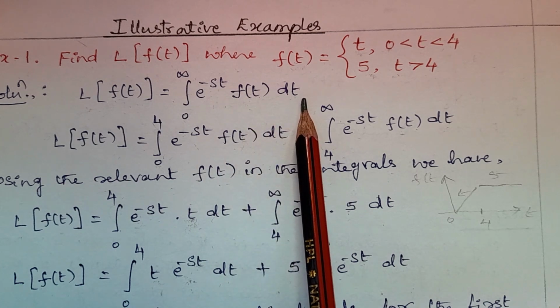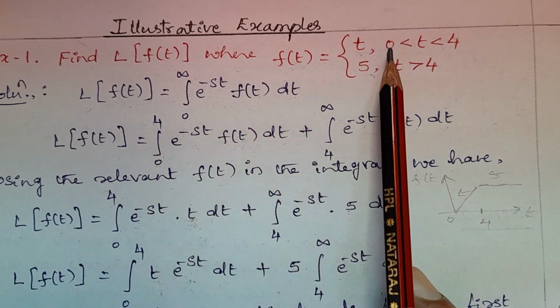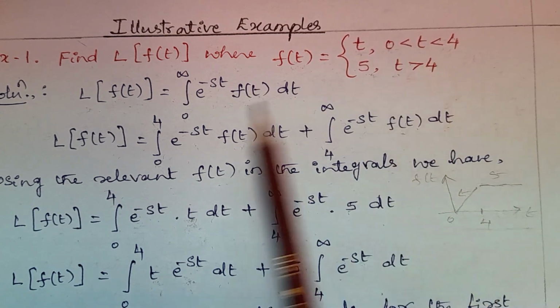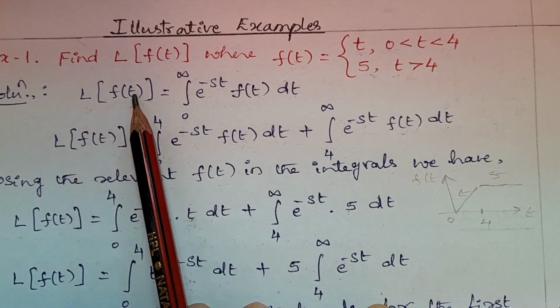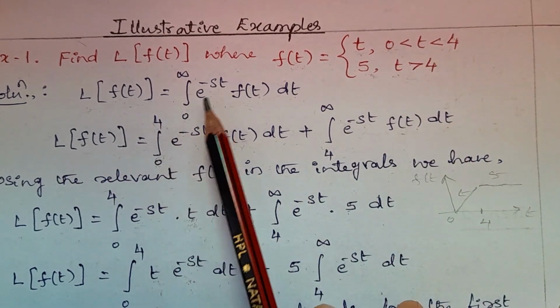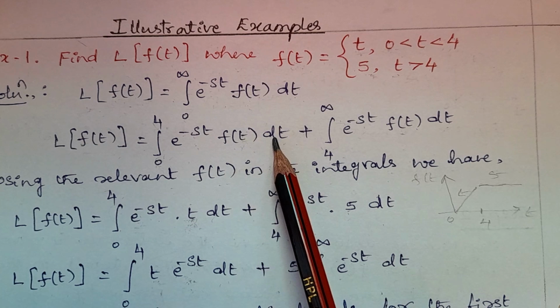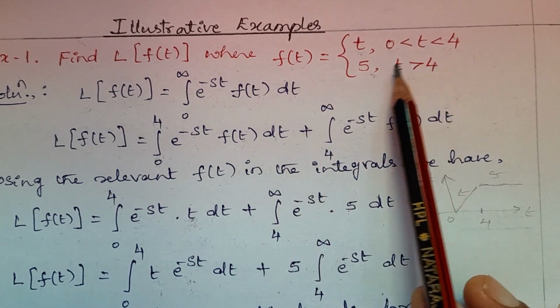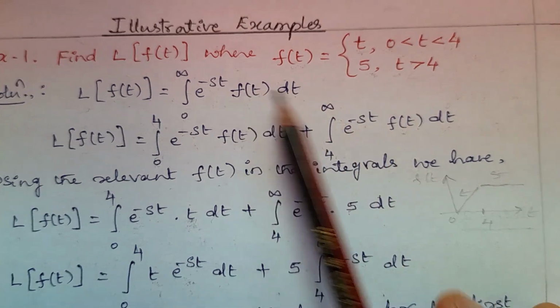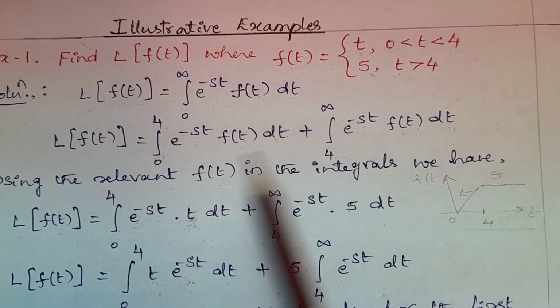Next, apply the limits, the integration intervals. LHS as it is, equal to first interval 0 to 4, e power of minus st f of t dt. Next interval is greater than 4, so integral of 4 to infinity e power of minus st f of t dt.